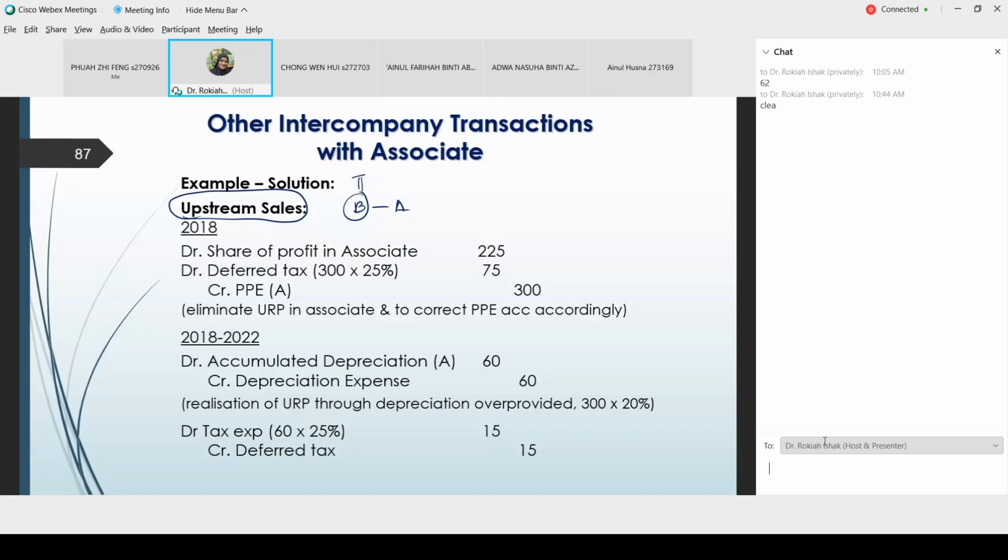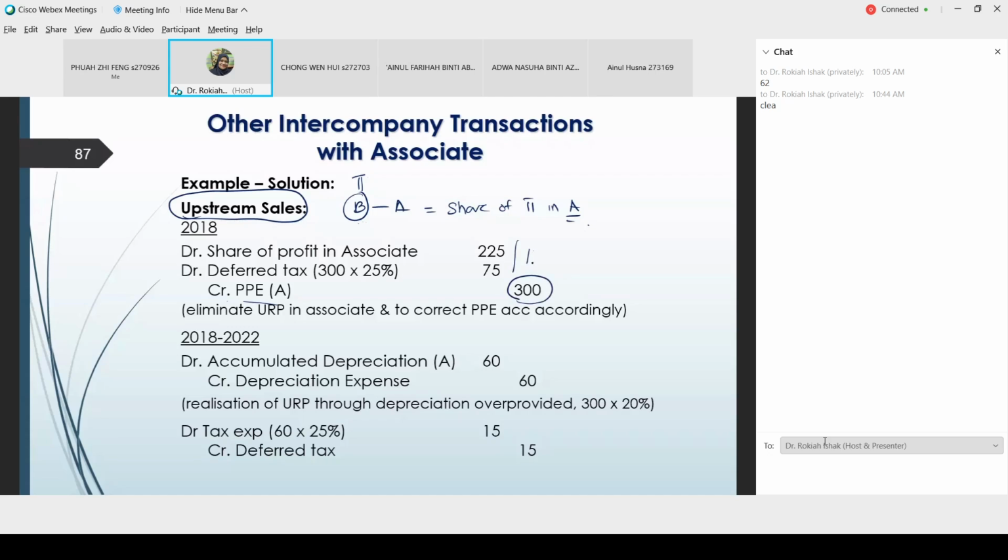Once B recognizes the profit, refer back to slide 84. If it is an upstream sale, the account that we're going to use is share of profit in associate. Because the asset was owned by B, they're going to credit the PPE 300 to record the profit.